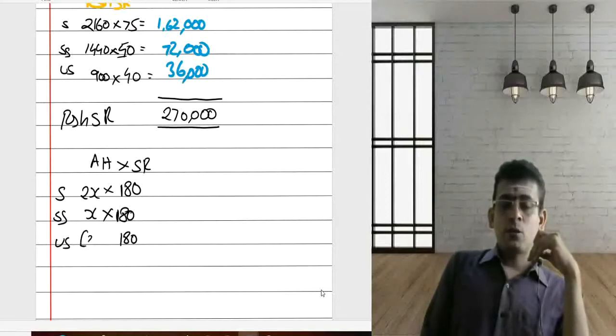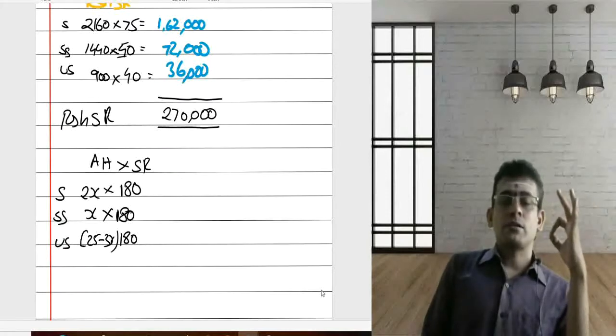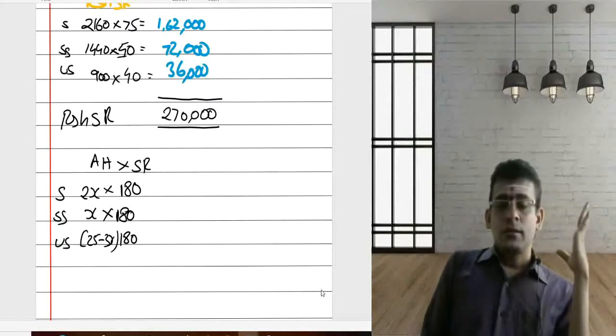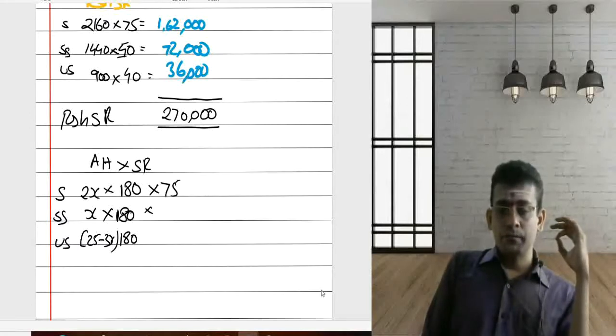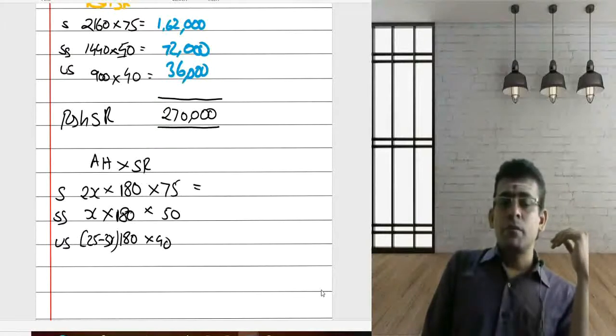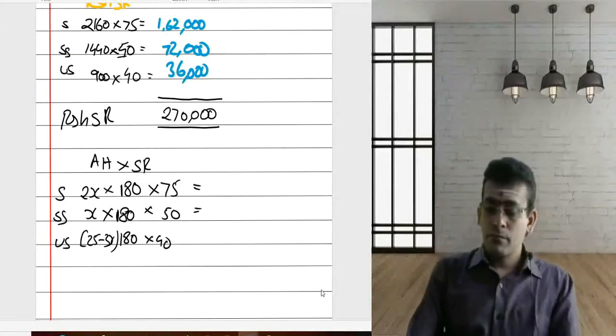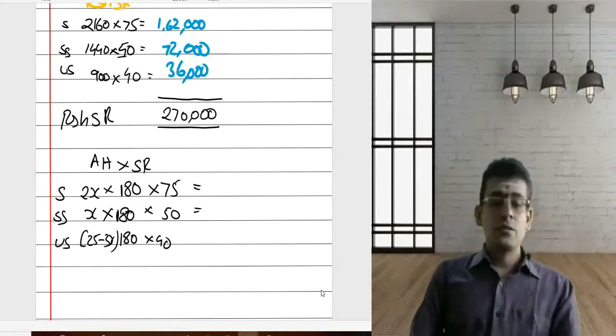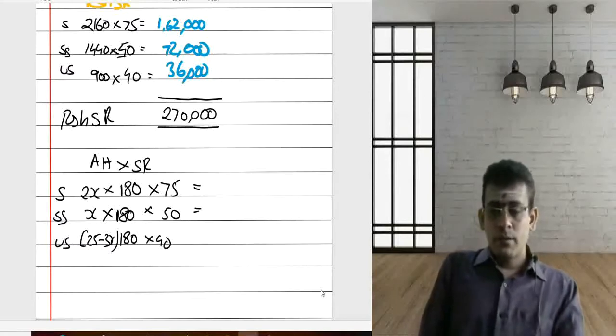Like that, you are having 25 minus 3x as the number of workers. That gives you AH. This I need to multiply with my standard rate. What is your standard rate? 75, 50, 40. Now let us simplify. 180 into 2, 360x. 360x into 75, you are getting 27,000x.